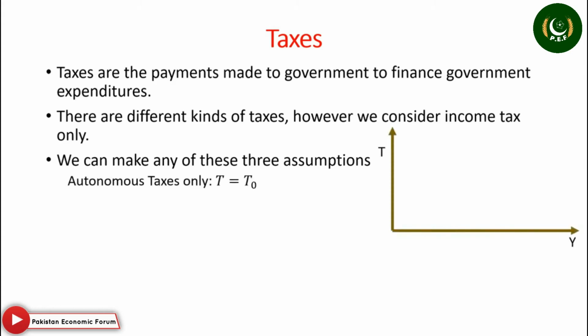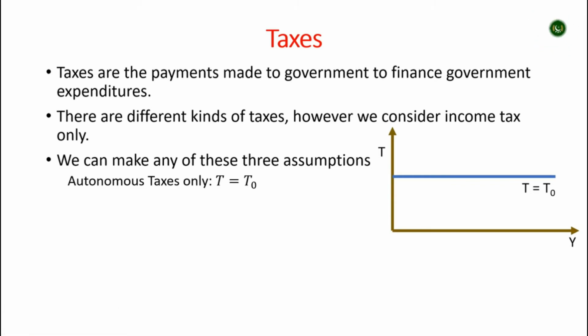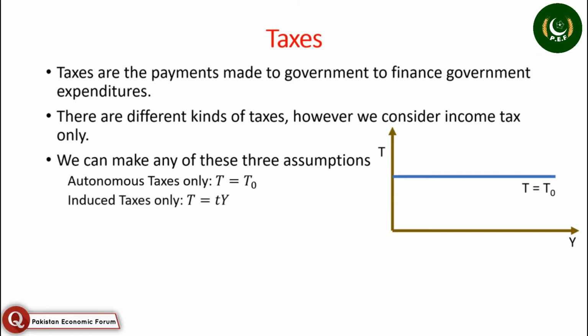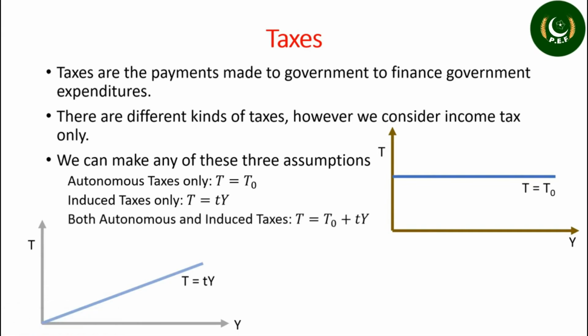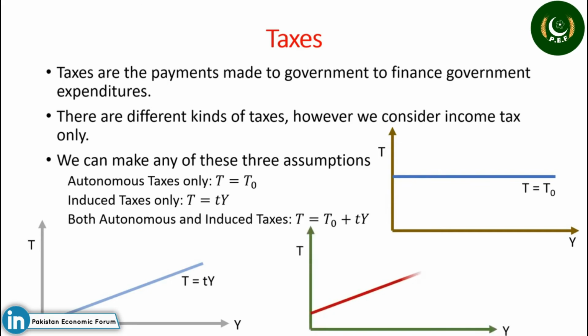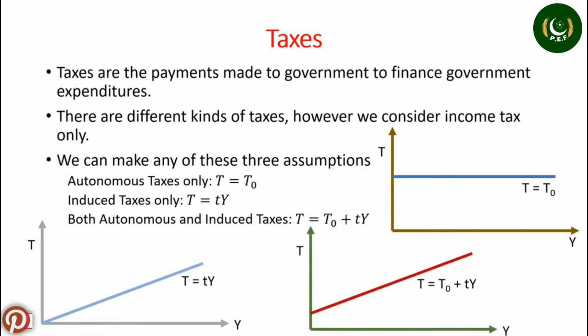The autonomous taxes only, that is, only fixed tax irrespective of income. The induced taxes only, that is, the taxes that are linked to income. And both autonomous and induced taxes as shown in the diagram.